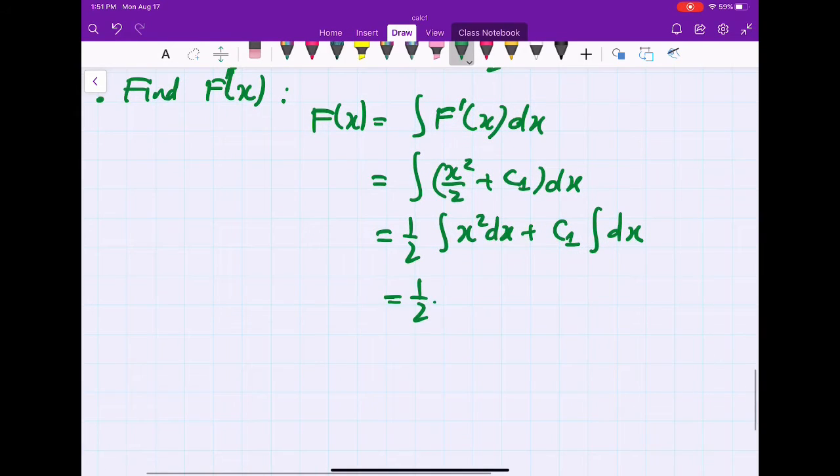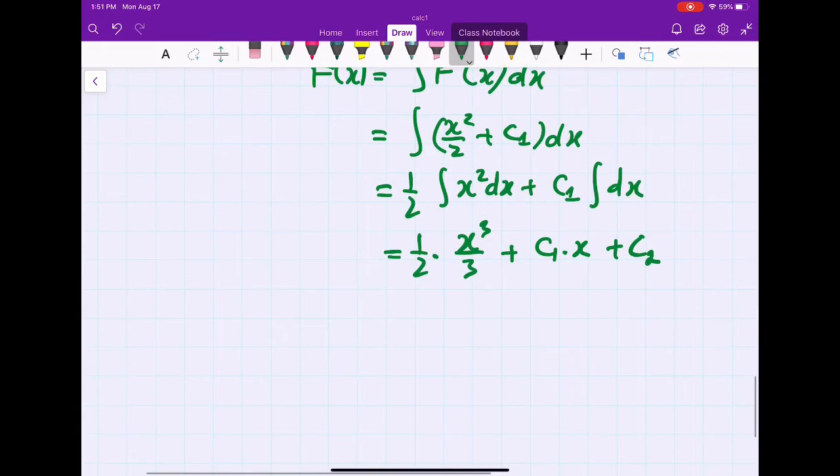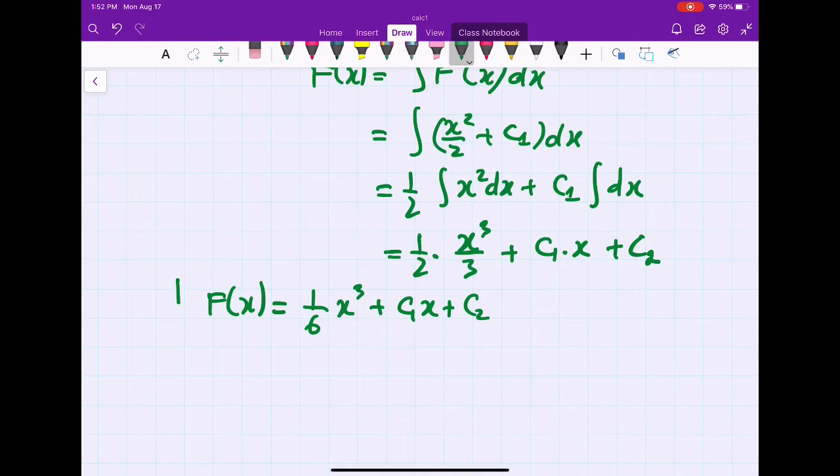Then we have 1/2 times x cubed over 3 plus c1 times x plus C2. We have two different constants in here. Does that make sense? So let's simplify that. In general, you have f of x equal to 1/6 x cubed plus C1x plus C2.